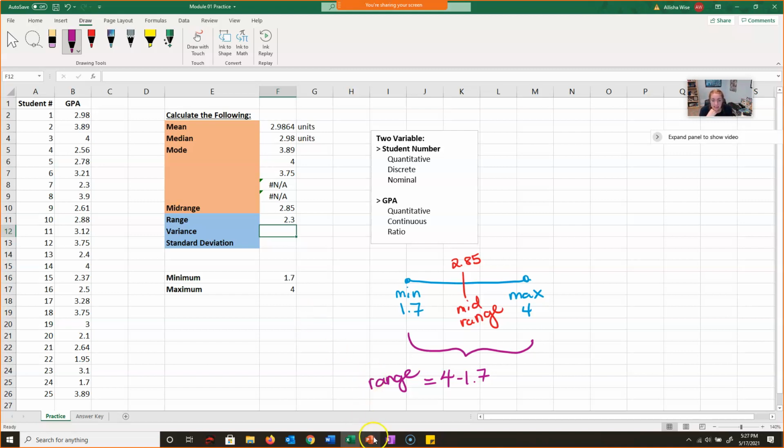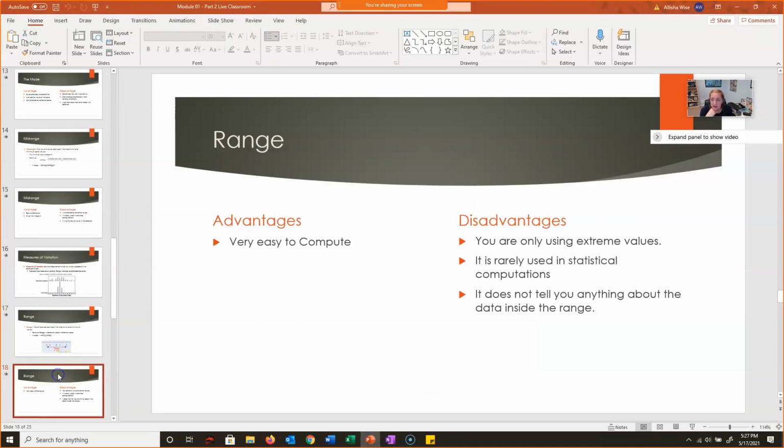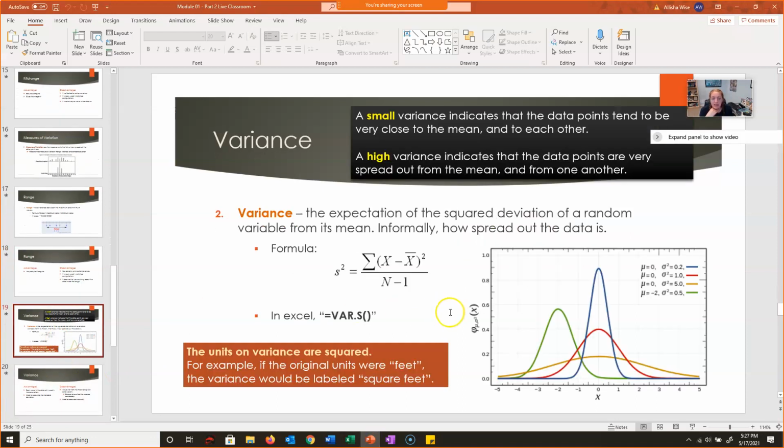Now, variance starts to talk about how spread out the data is. I have this little chart here, but basically a small variance indicates that the data is really close together, clustered close together, whereas a large variance indicates that they're pretty spread out from the mean.